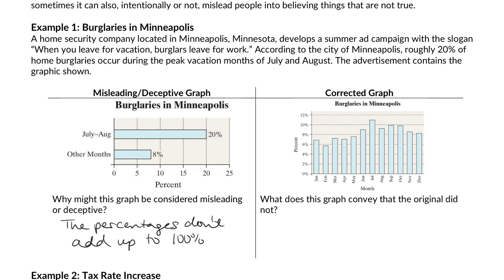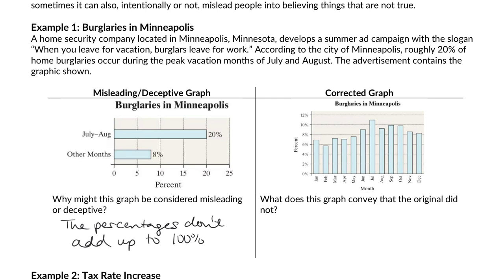So instead, the corrected graph that they could still use in their ad campaign would look like this. What's better about this graph? It shows me all of the months, but what conclusion can I still draw from this graphic that we were trying to convey without misleading me?